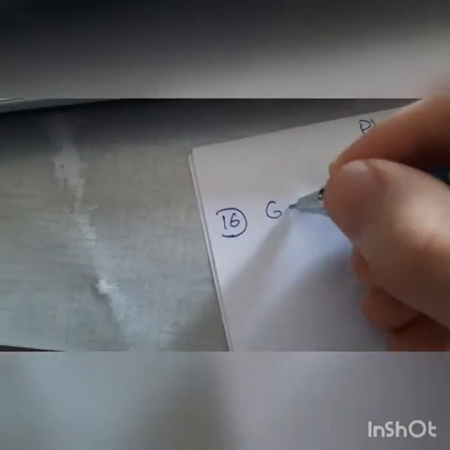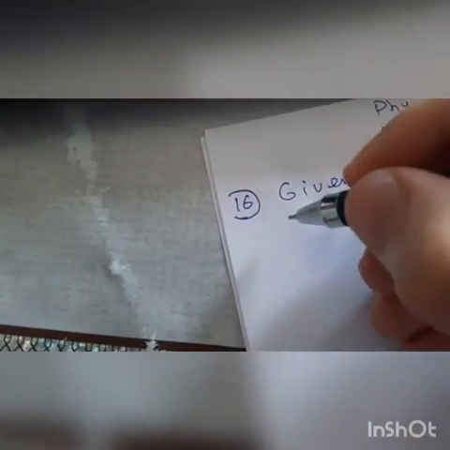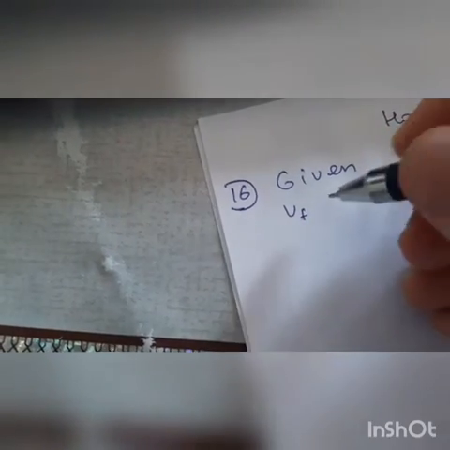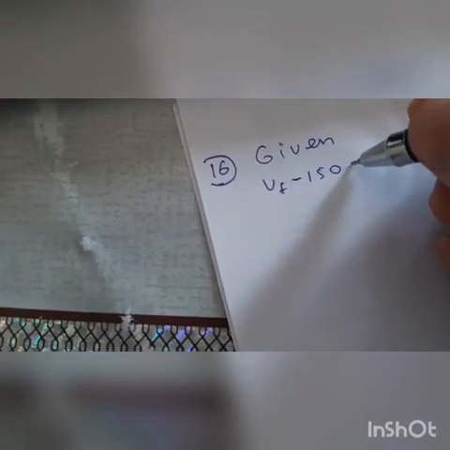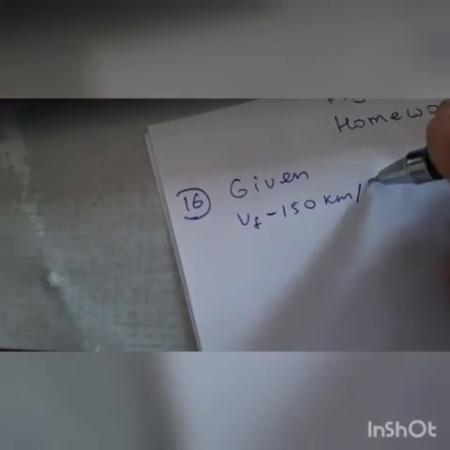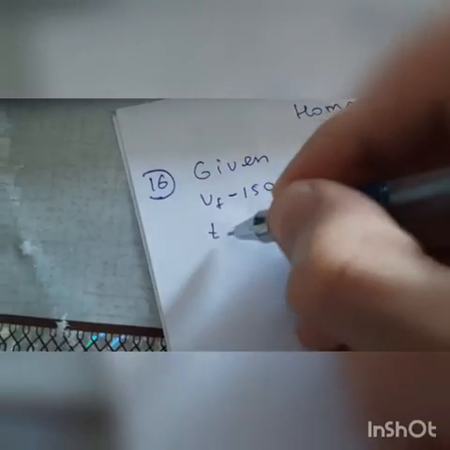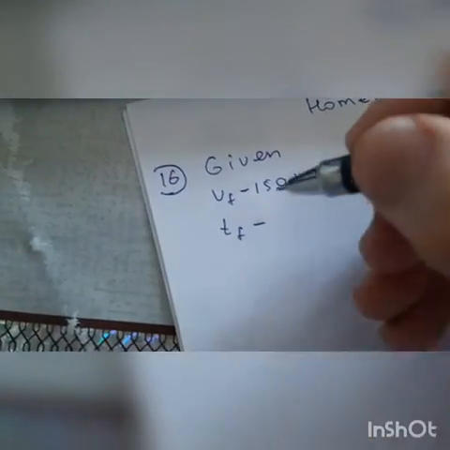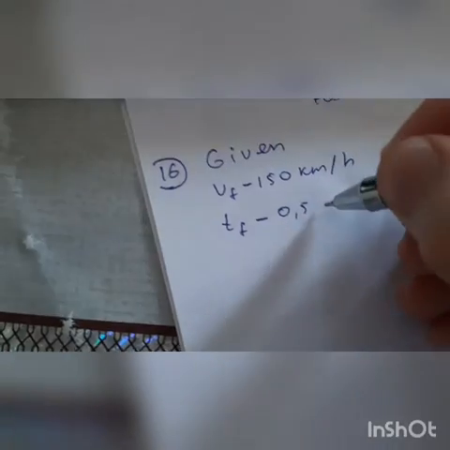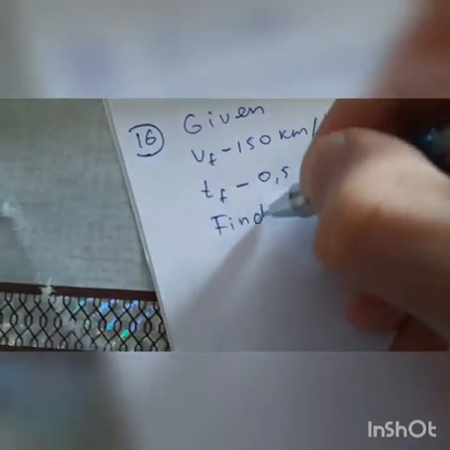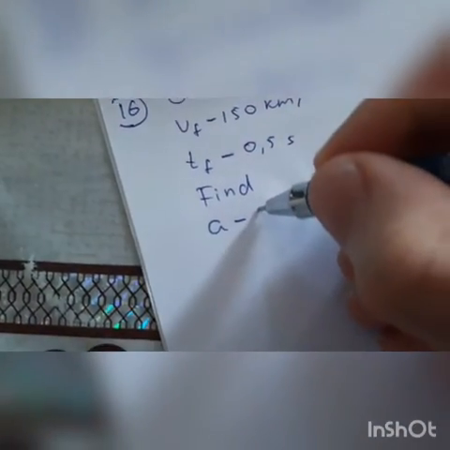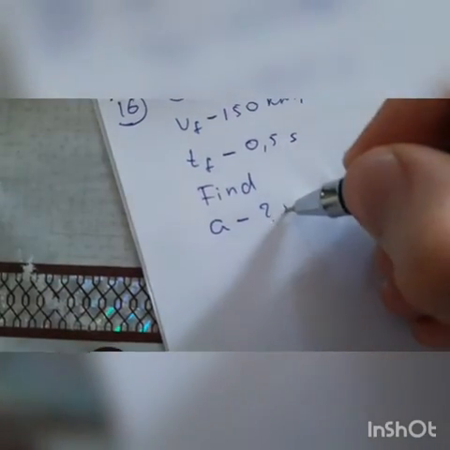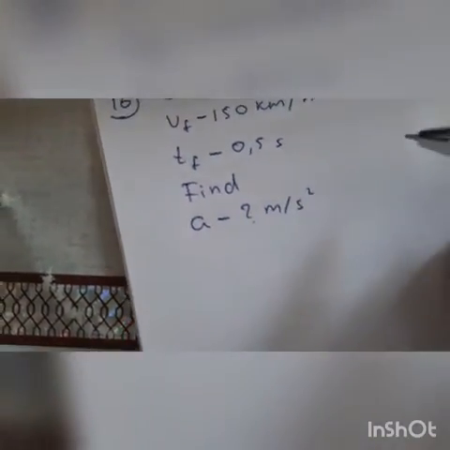Let's write given. First of all, we have final velocity. It's equal to 150 km per hour, and the final time is 0.5 second, and we need to find acceleration in meter per second squared.